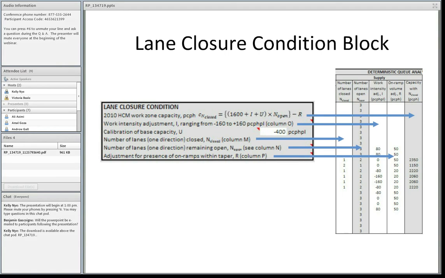When these are entered into the deterministic queue analysis block, they can be done for each hour. So you can actually have one lane closed followed by a double lane closure that then backs out to a single lane closure over a period of time. So you're actually looking at multiple management of traffic scenarios within one analysis here.